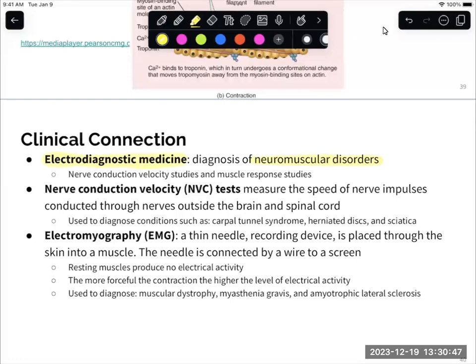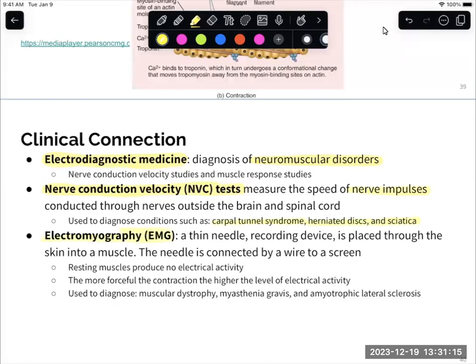They can do what is called a nerve conduction test. What they're doing is they're measuring nerve impulses, those action potentials that come from the brain and the spinal cord and go out to the muscles. They can use it to diagnose carpal tunnel syndrome, herniated discs, sciatica.